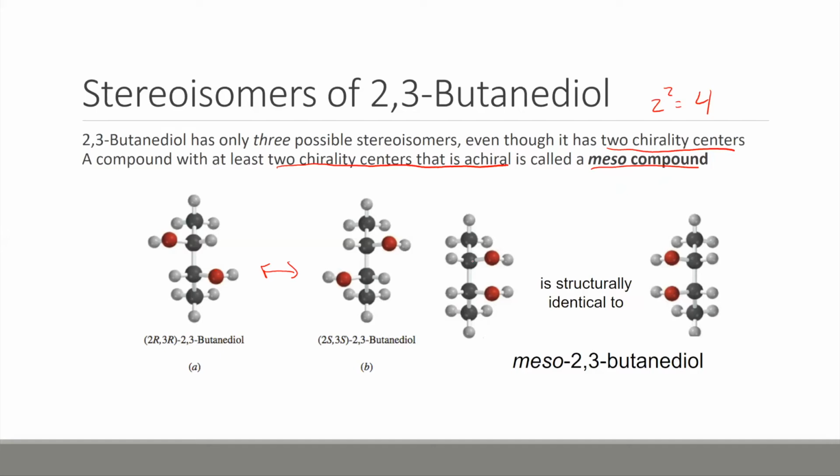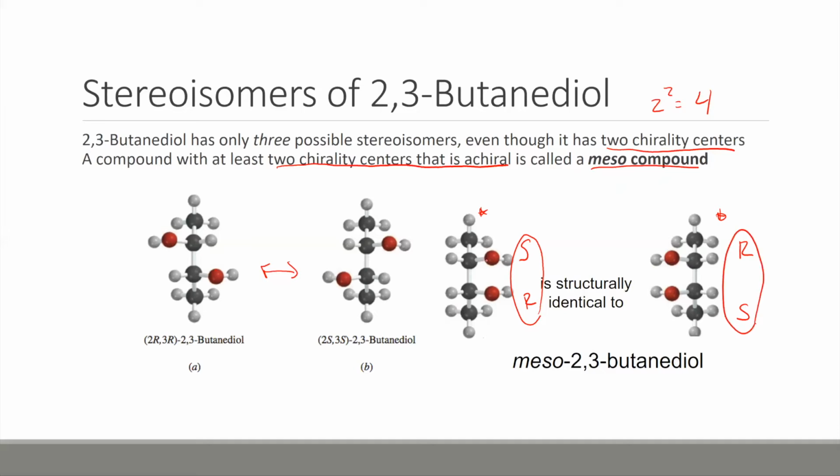Now, if we were to write the RS and the SR version of the molecule, that's what's shown here and here, you would see that these actually end up being superimposable.